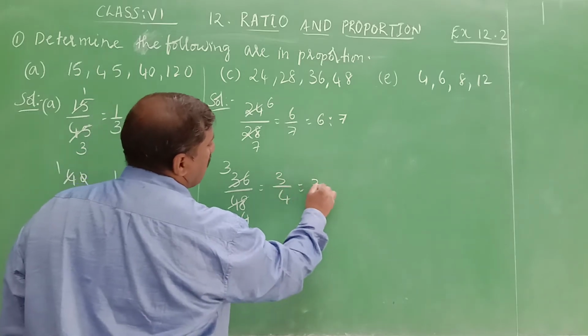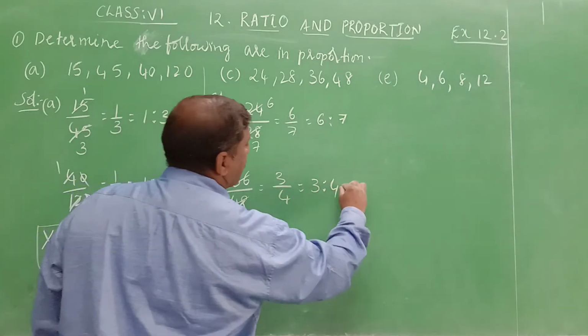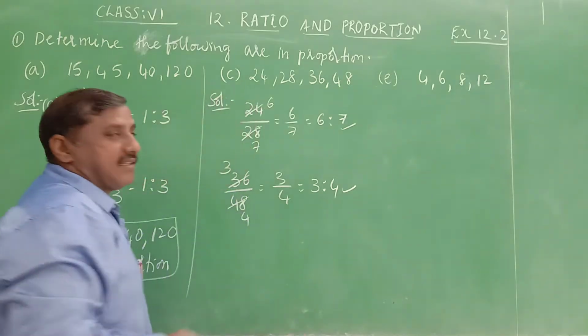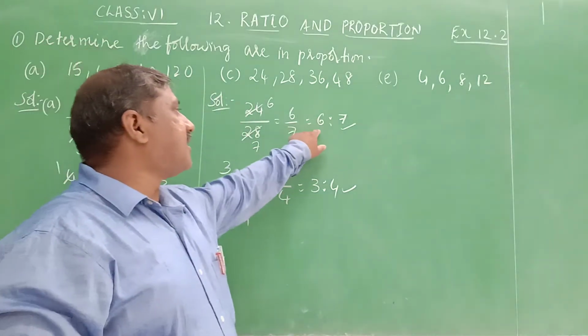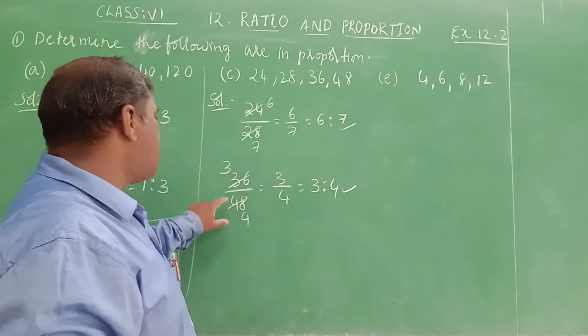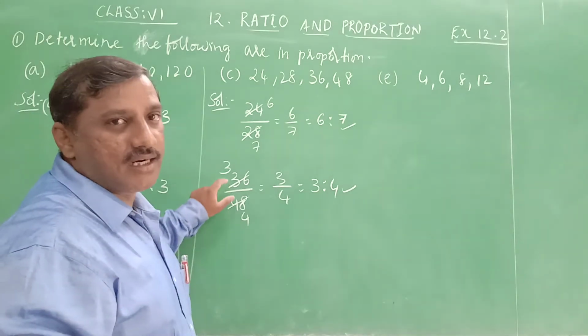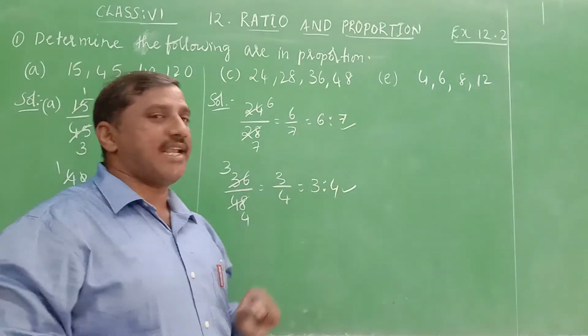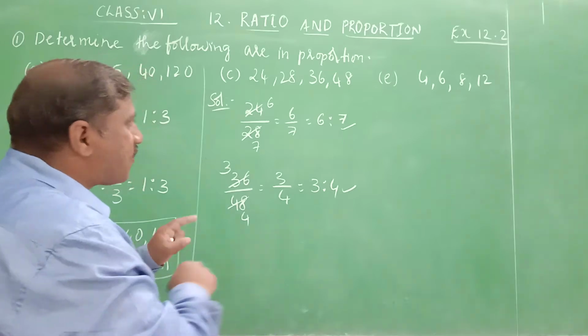So what is the ratio? 3 is to 4. Are these two ratios the same? The first two terms' ratio is 6 is to 7. The third and fourth terms' ratio is 3 is to 4. They have different ratios.